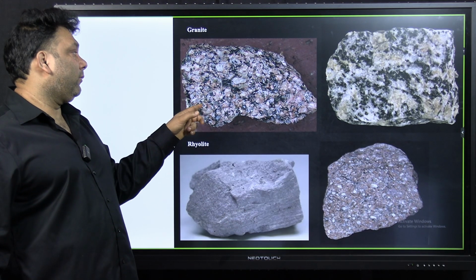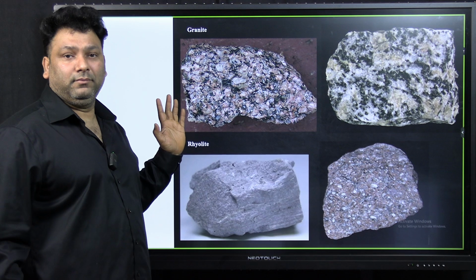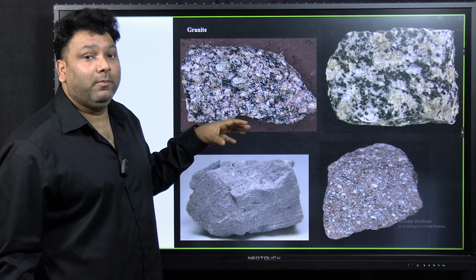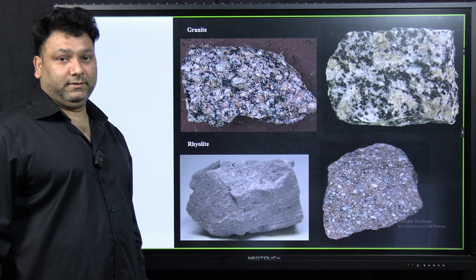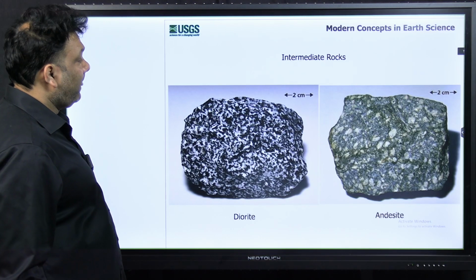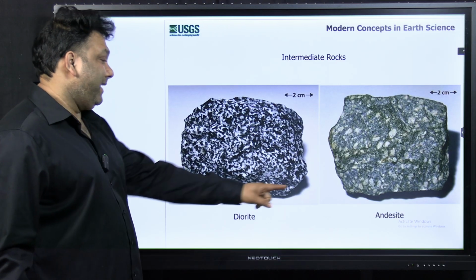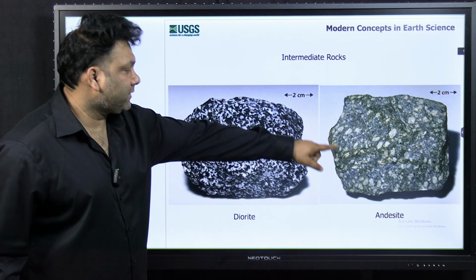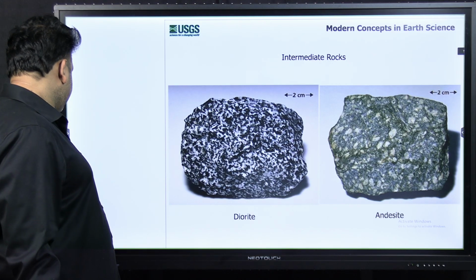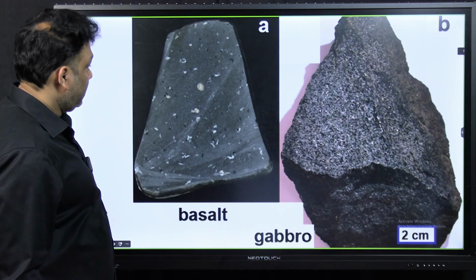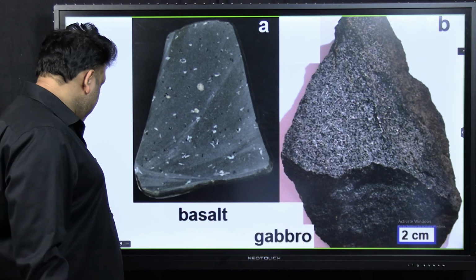Now the chemical formula of these two is the same, but the place where it has been formed makes all the difference. So granite, rhyolite. Then you have andesite, diorite. So andesite is extrusive, this is intrusive. Then you have basalt gabbro.